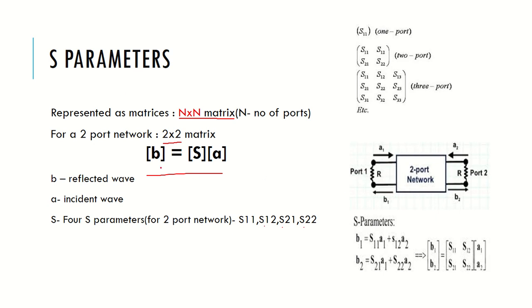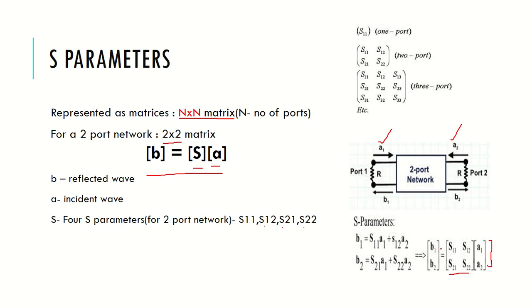So now writing in this form of matrix, for a two-port network we have 2 incident waves and 2 reflected waves. The 2 reflected waves are B1 and B2. S represents the 4 S parameters S11, S12, S21, S22, and A represents the 2 incident waves A1 and A2. So in matrix we write it as A1 and A2.